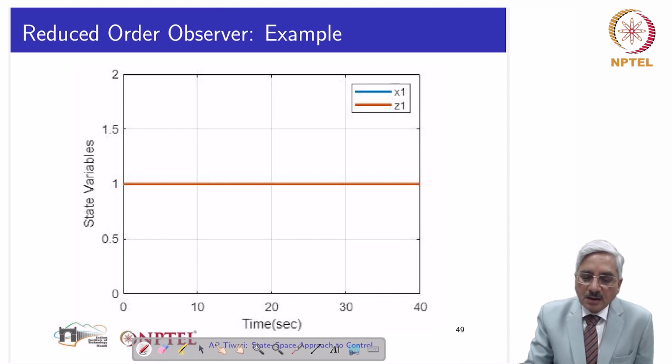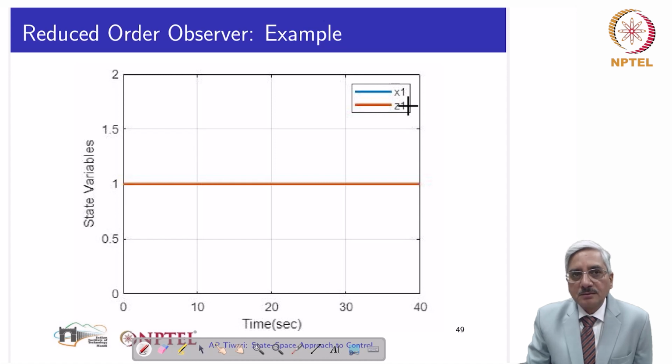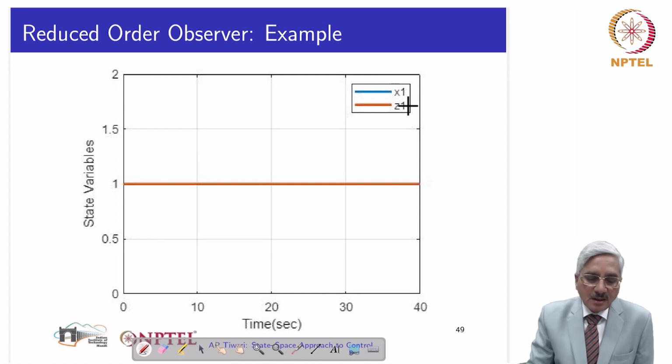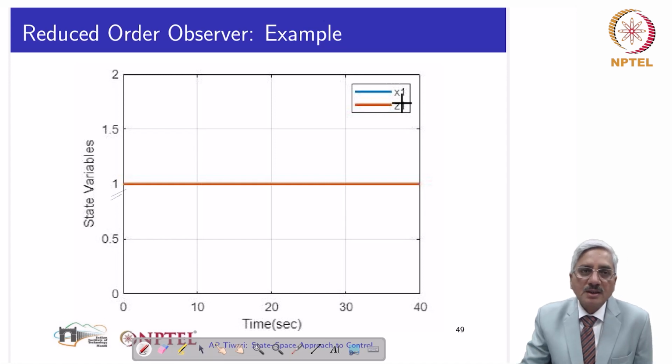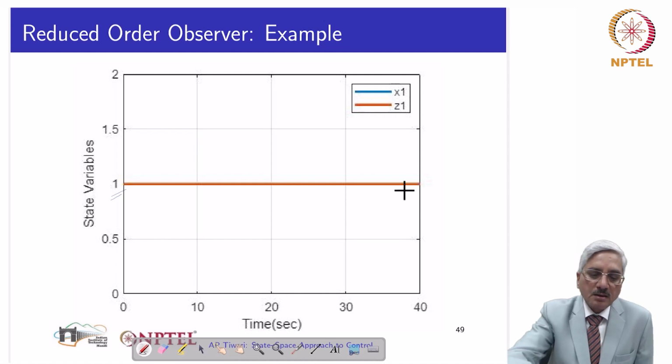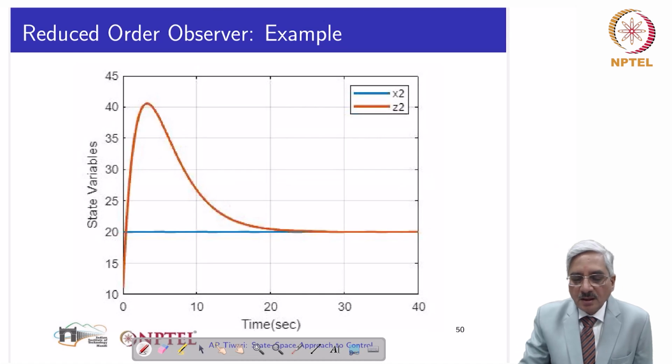These are the x1 and z1. Because the system is at equilibrium, x1 is rock steady at its initial value 1, and because z1 is directly computed as x1, z1 is also all the time 1. It doesn't undergo any transient.